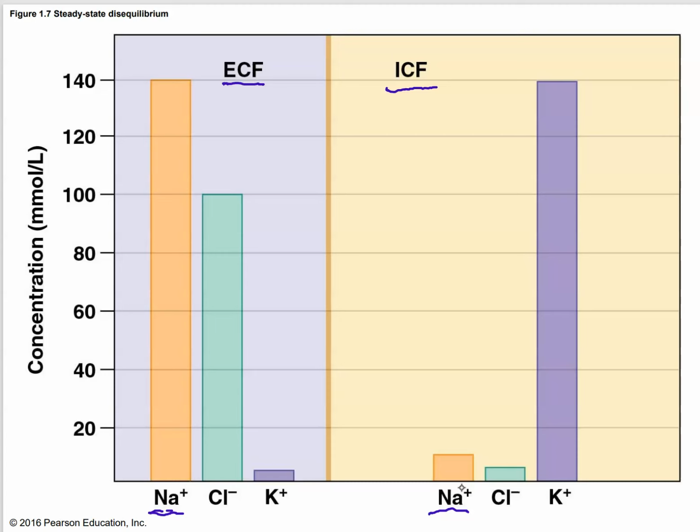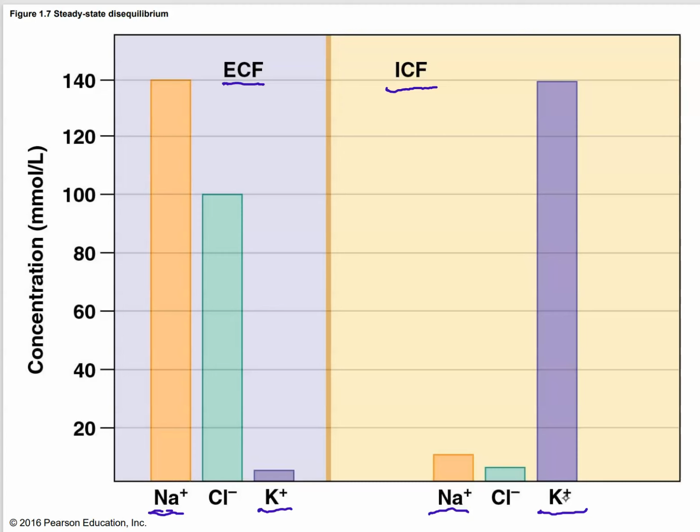Otherwise, your nervous system will not function. Same is true here for potassium, another very important ion. You can tell that the concentration of potassium is much higher inside of the cells as compared to outside of the cells, and that is necessary for action potentials to be able to occur and for your nervous system to function.